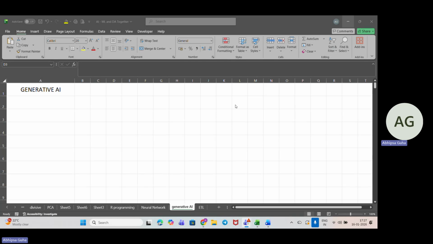So we want to understand generative AI for data analytics. Why and how can we use generative AI for visualizing and analyzing our data in a better way? We'll go in a simple way. We'll first understand the data: what is data?